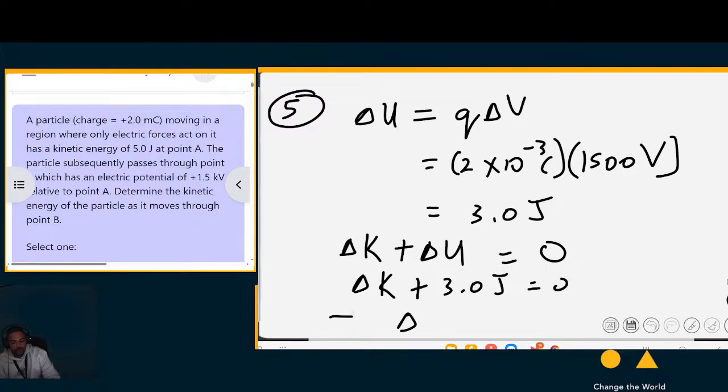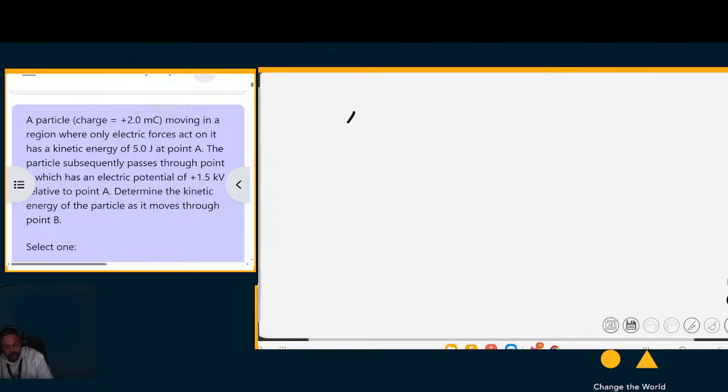Therefore, delta K, the change in the kinetic energy, is equal to negative 3 joules.